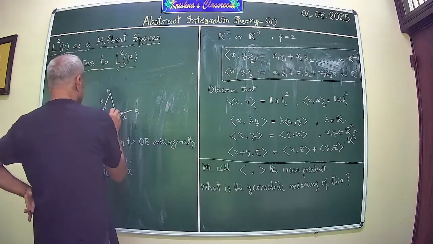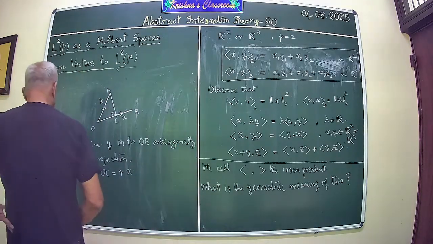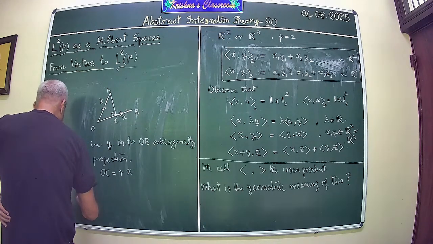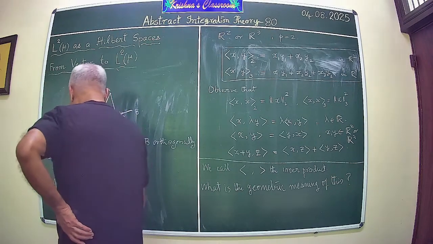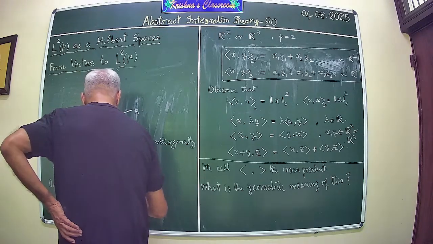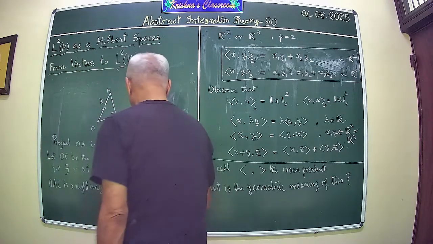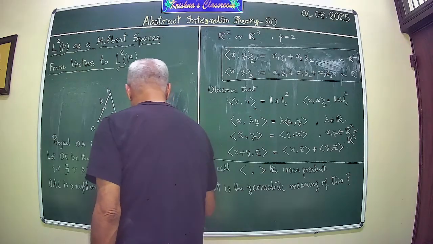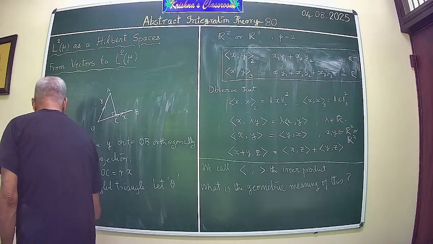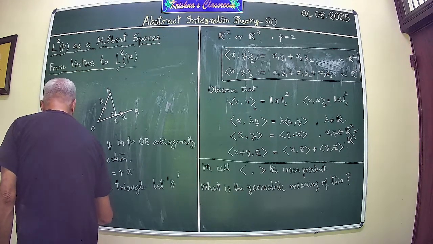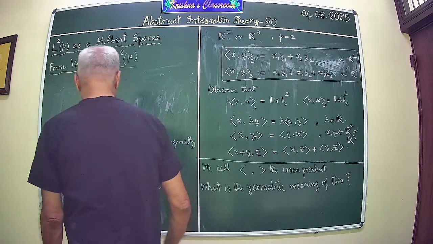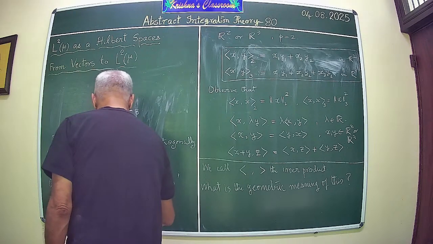So you have a right angle triangle OAC. Let theta denote the angle between x and y.